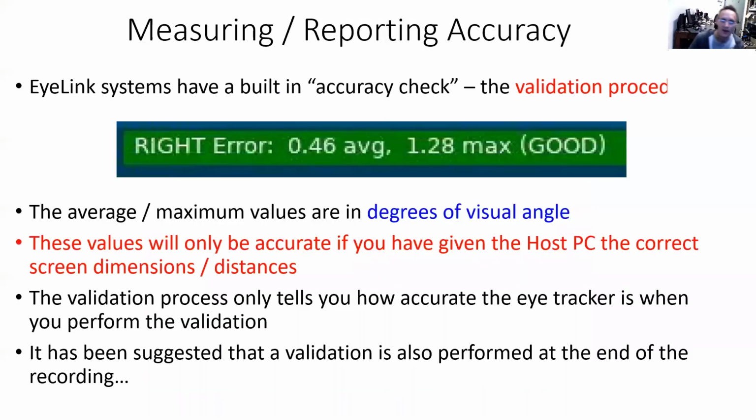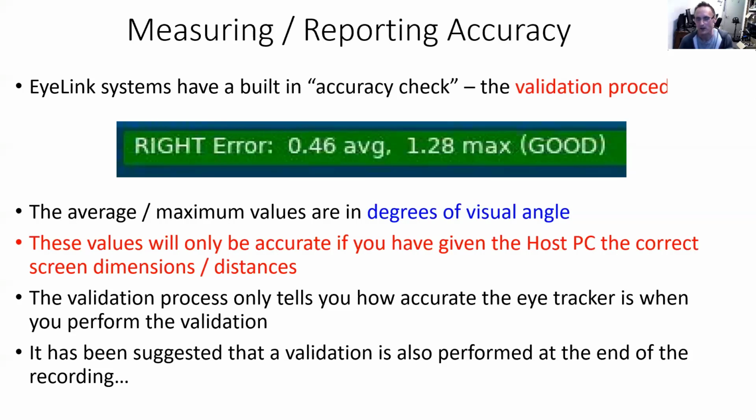It's worth doing. Now, you've noticed that this validation is already giving you data in degrees of visual angle, which is exactly what you want. This is just accuracy, not precision. However, the values it returns are only going to be accurate if you've given the host PC the correct screen dimensions and distances, which you do in the screen configuration settings in the host software, or by making sure that your physical.ini file has the right details in it if you're using an older EyeLink 1000 or EyeLink 2.